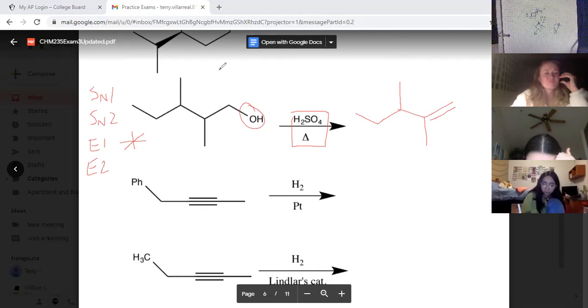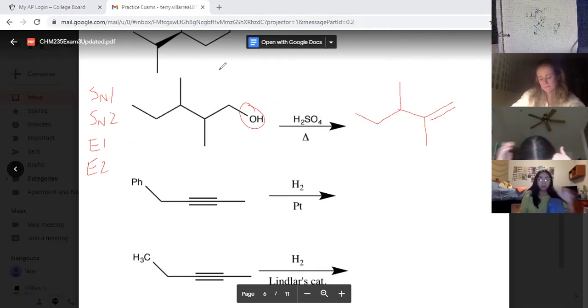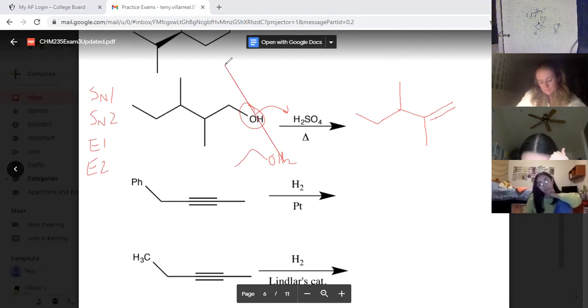It's an acid catalyzed elimination because the OH is going to take that proton and form water like this. And now that's a good leaving group. But when you see these conditions, just know you're going to form a double bond every time.